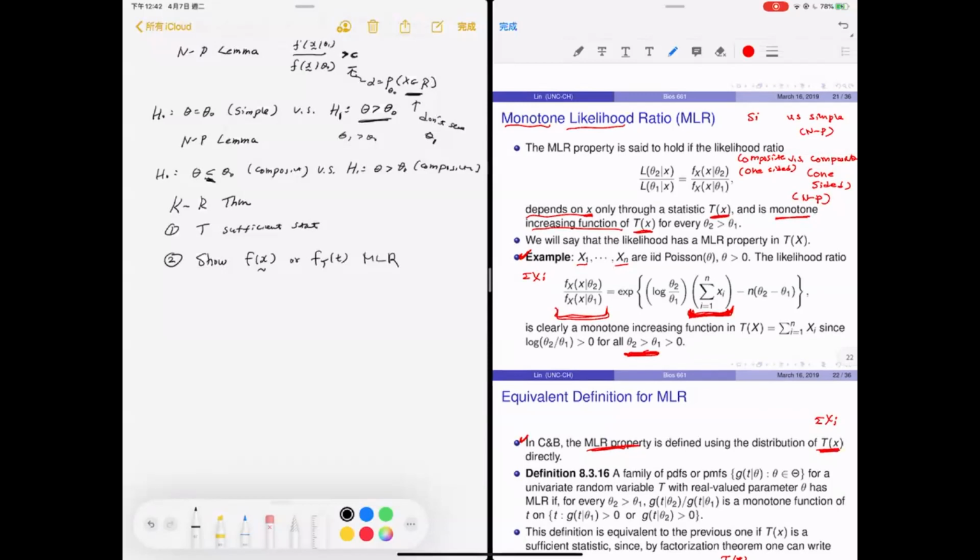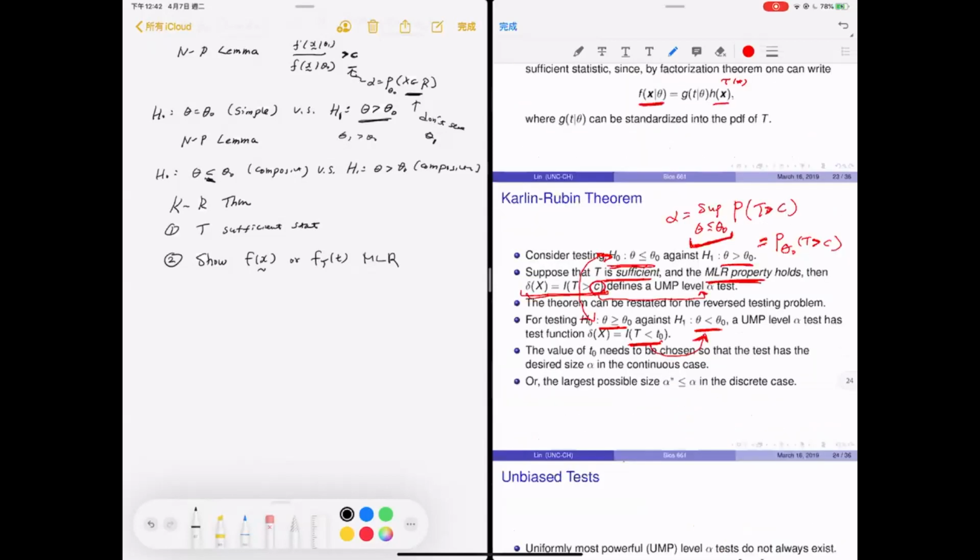It could happen because sometimes the statistic you find has a minus term.